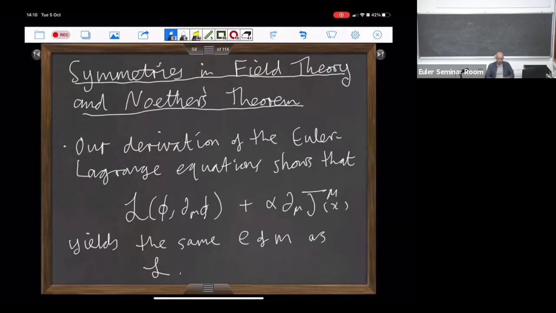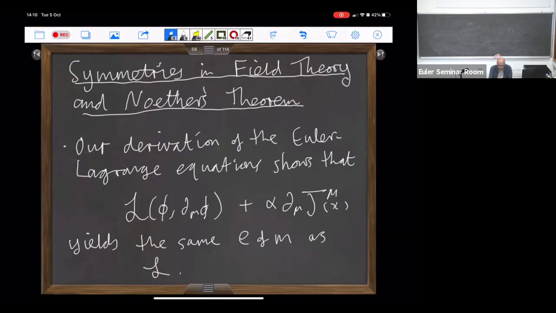And in particular, if you start with a Lagrangian and make a transformation of the fields, and that shifts you by a total derivative, the equations of motion will be the same.